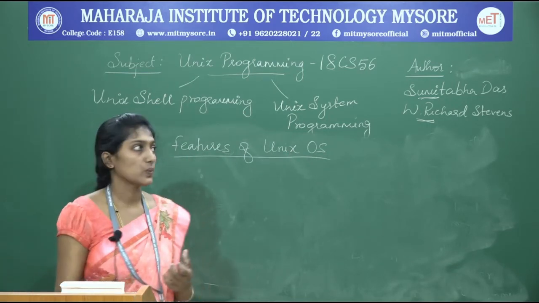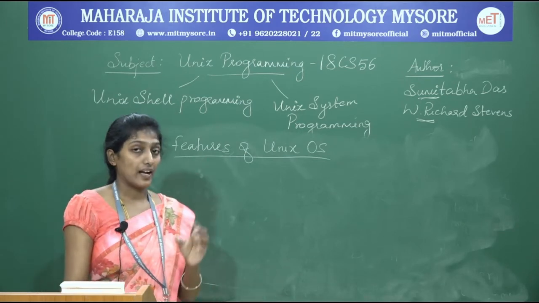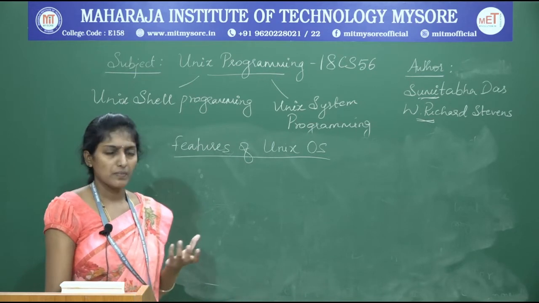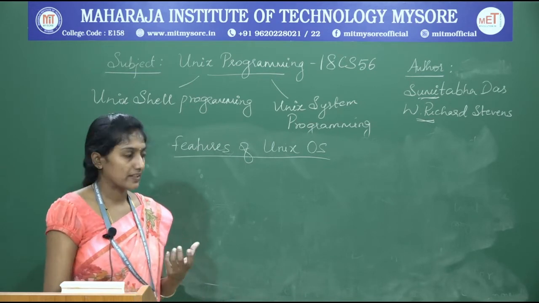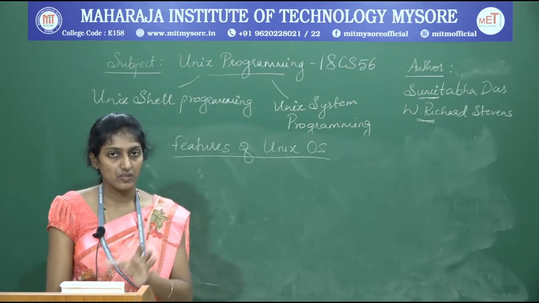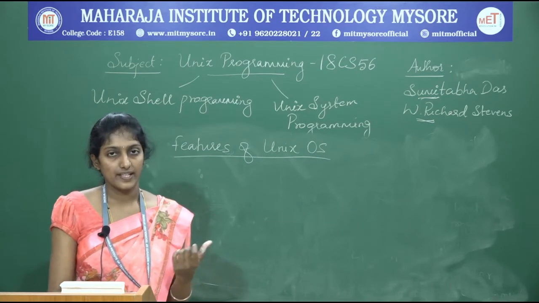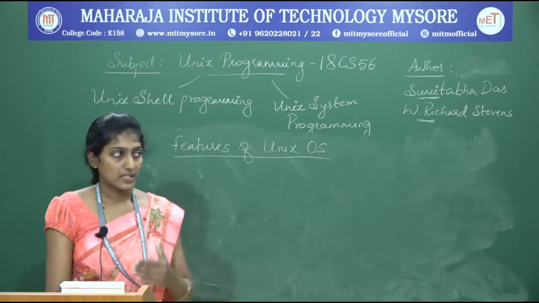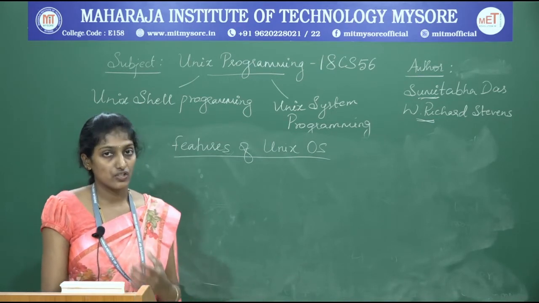Now I am discussing the features of the Unix operating system itself. Okay. And you might understand even better, because I have already given the differences between the Unix operating system and the Windows operating system. So, you can compare while I explain the actual features of the Unix operating system.